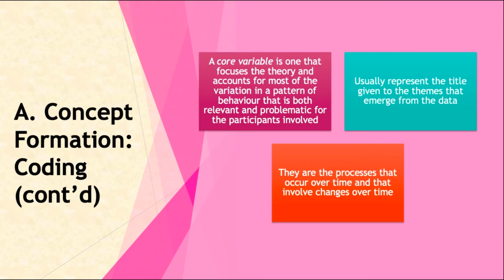So a core variable is one that focuses on theory and accounts for most of the variation in the patterns of behavior that is both relevant and problematic for the participants involved. They usually represent the themes that emerge from the data, and they are processes that occur over time and involve changes over time.